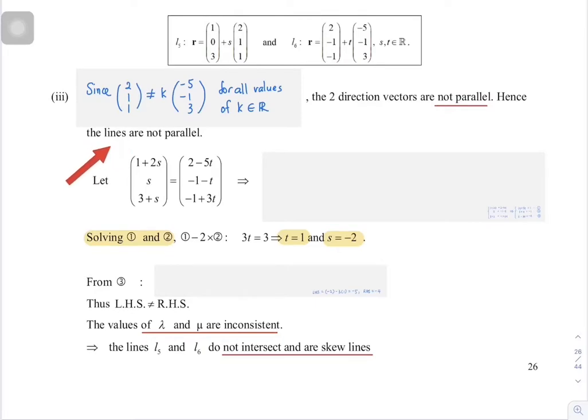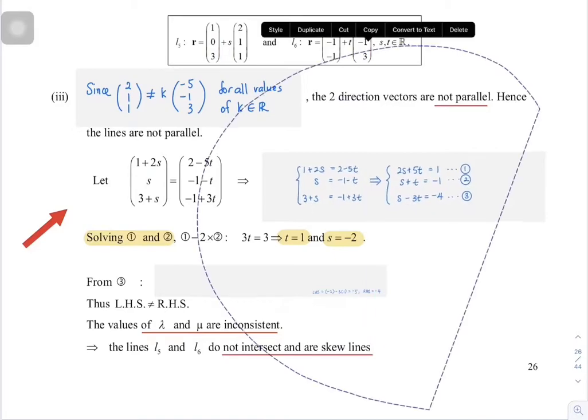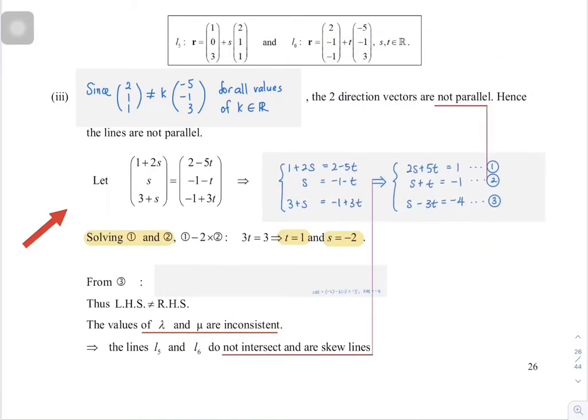Now, since they are not parallel, we want to check whether the two lines are skew or intersecting. The method, as in the previous example, is to equate the two equations together, forming the set of simultaneous equations as shown here.